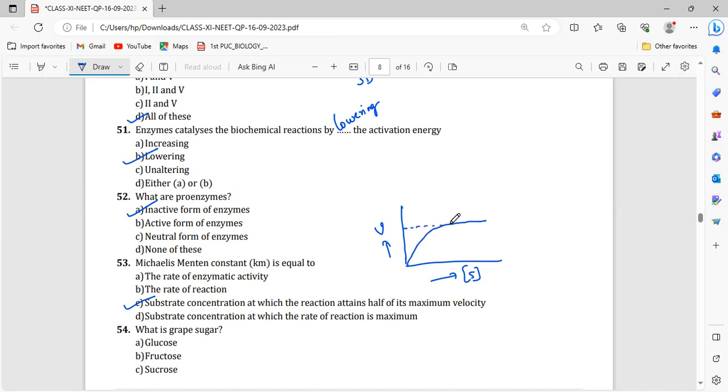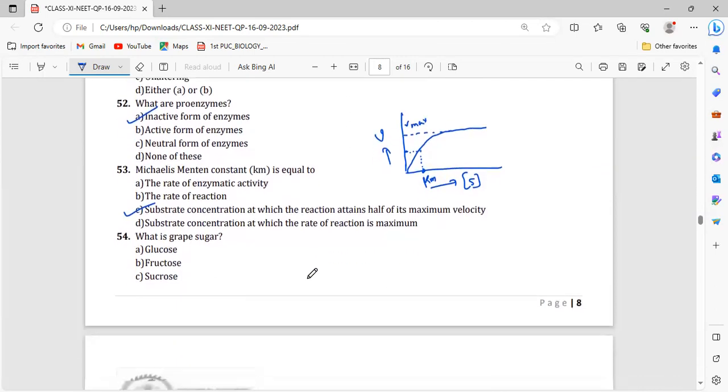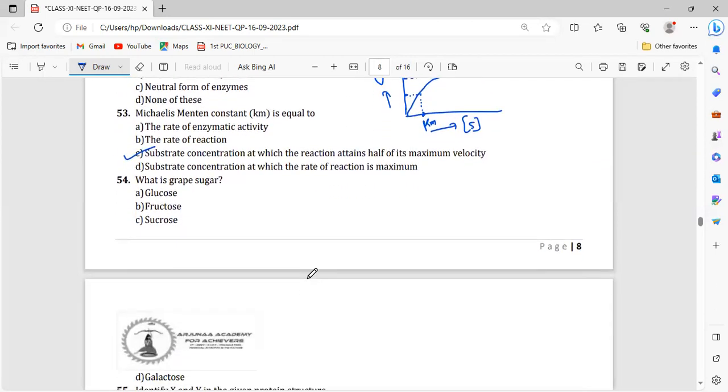This one is Vmax and this is half of Vmax. If we extrapolate, this substrate concentration is the Km value, the Michaelis-Menten constant.